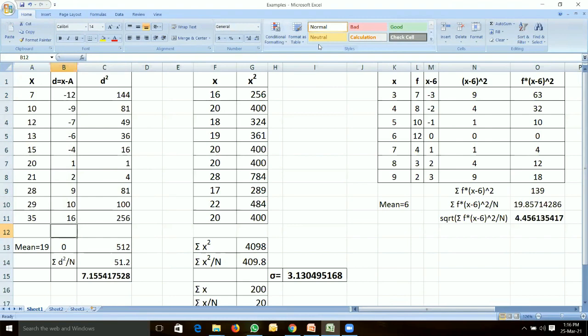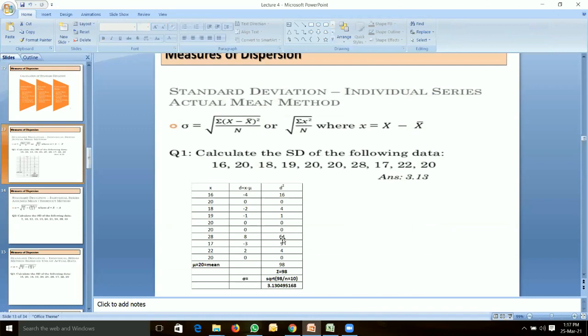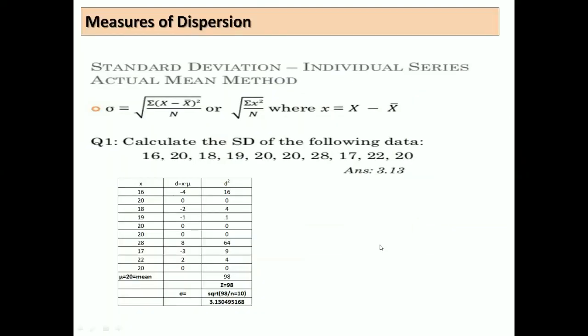Okay, so do it for that given problem. And then calculate the square, we want (x minus x bar) whole square.